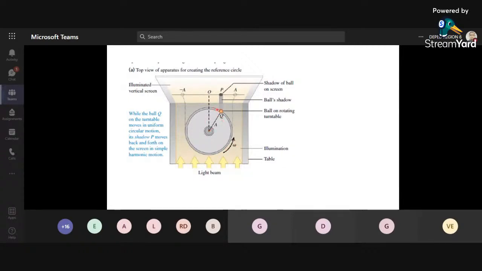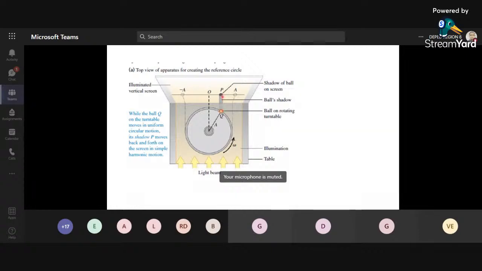So on this disc there is a ball. This is point Q. So this ball on the rotating turntable is denoted as Q. The turntable keeps rotating at a constant angular speed v.